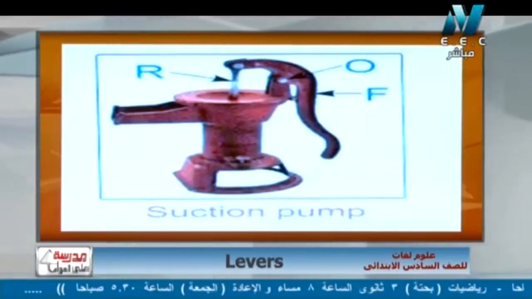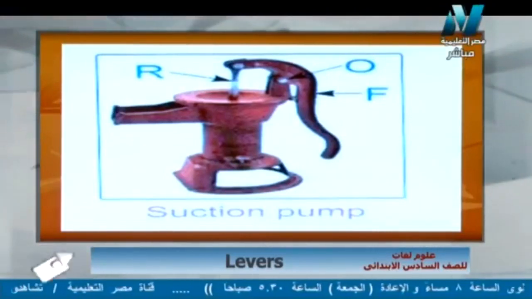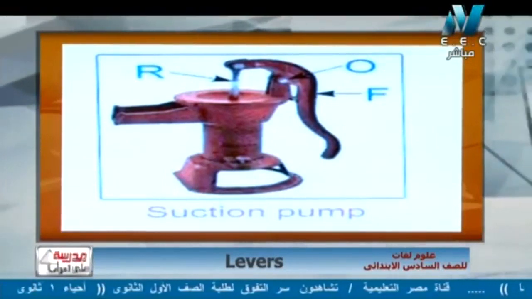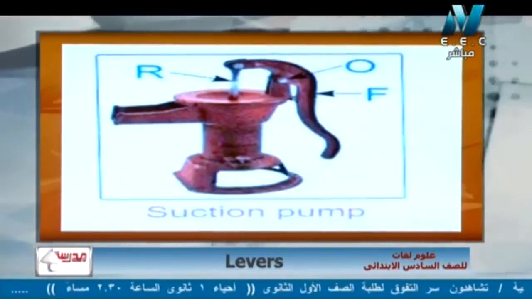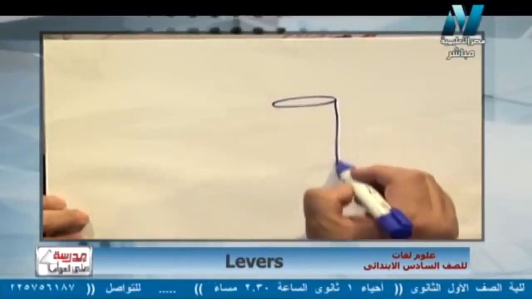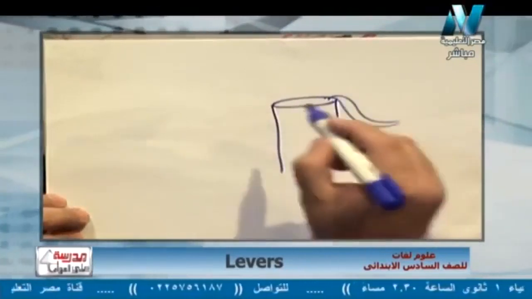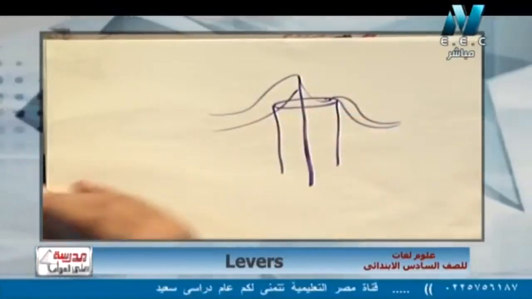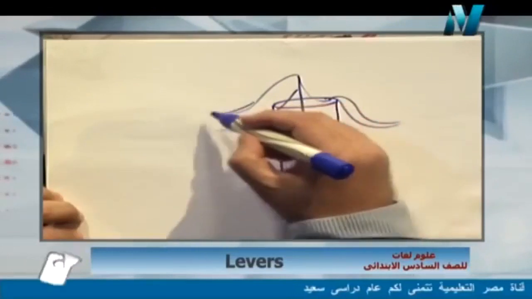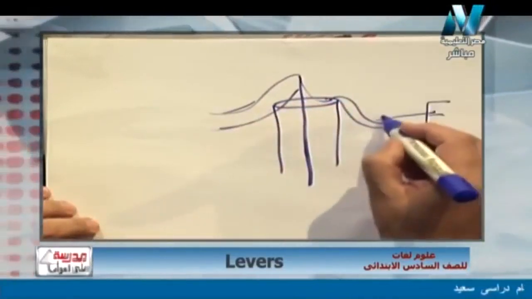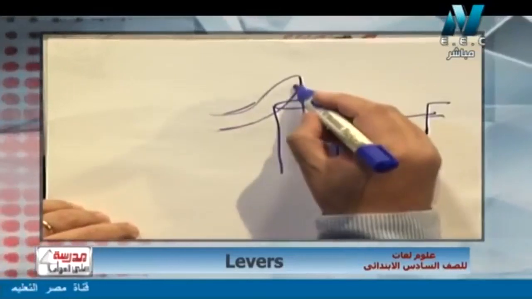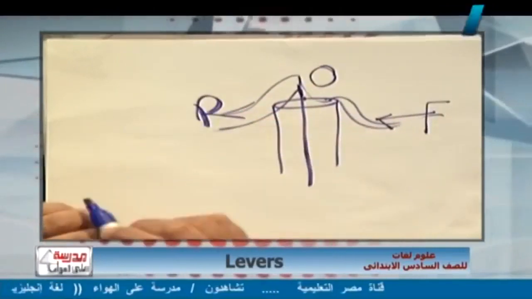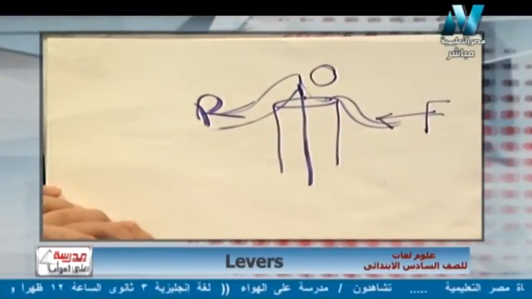Will the exam give me a picture like this? Of course, that question is in my mind now. No, of course there are no pictures, but I can make a sample drawing, a simple drawing of the lever in front of me, so that I can determine the type of lever. So now I can draw the suction pump like that: a cylinder with a handle and an axis that absorbs water, and a tap like this. Here is the effort force, always where my hand is. This is the place that moves, which we call O. Here is the place of the water, which we call R, the thing I want to lift from under the ground. So which one is in the middle here?